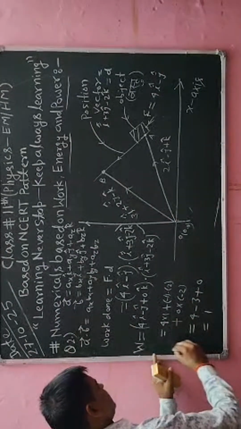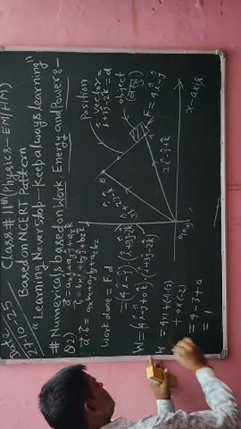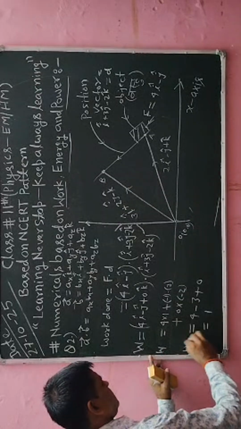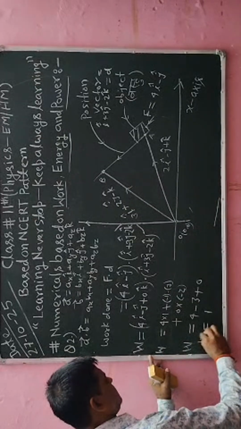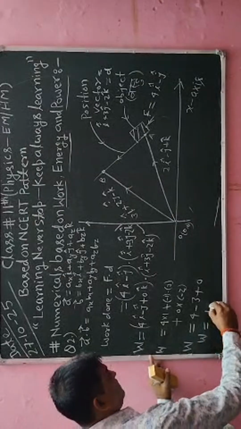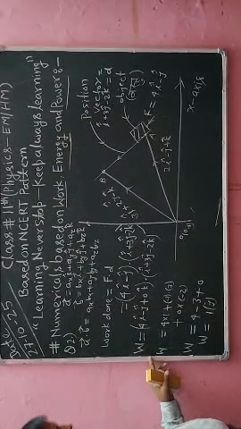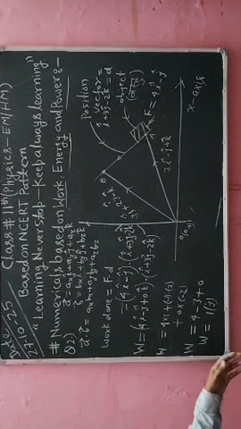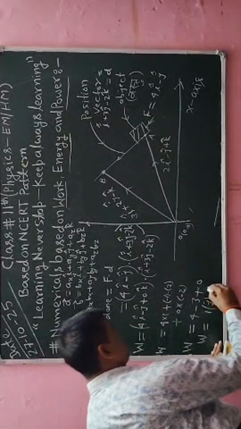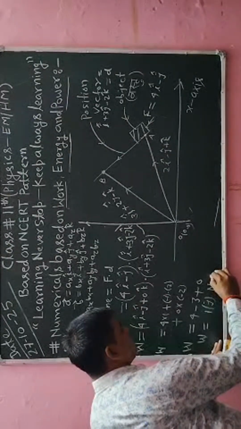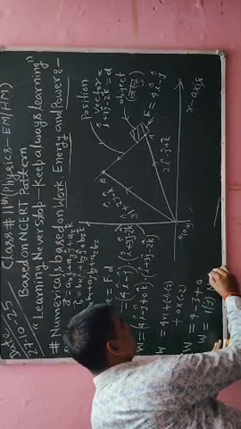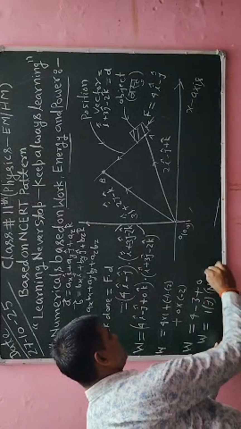So here I can write this is work done. I have got 1, it means its value is 1 joule, or in other words Newton meter. Its unit will be Newton meter.